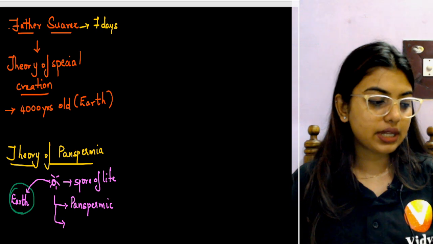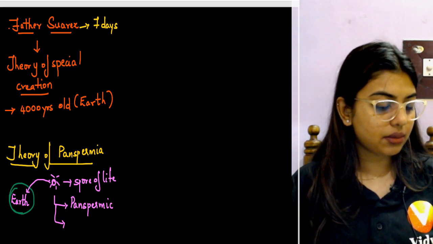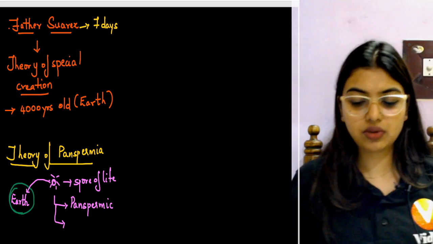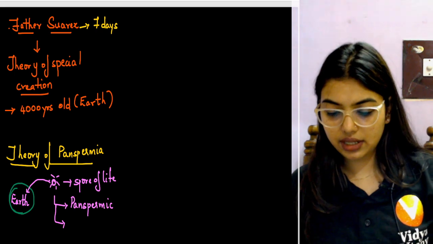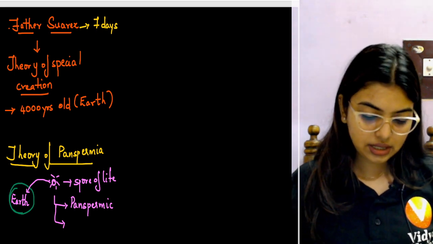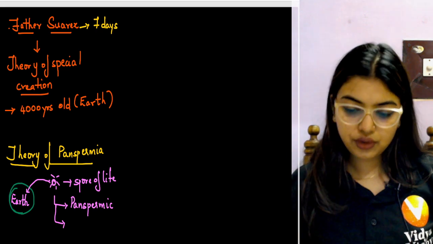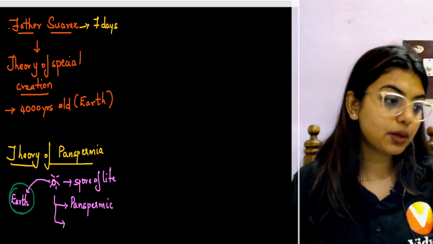I'll tell you that in 1 second. I have read it somewhere, but I do not remember what that theory is called. Yes, here I have it. This theory is called the cosmozoic theory, students, or you can also call it the theory of panspermia.